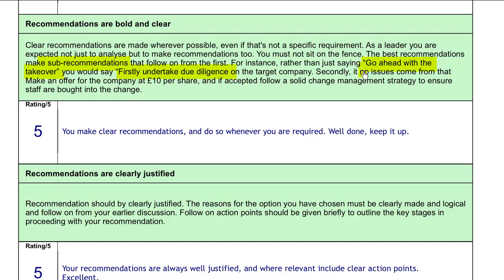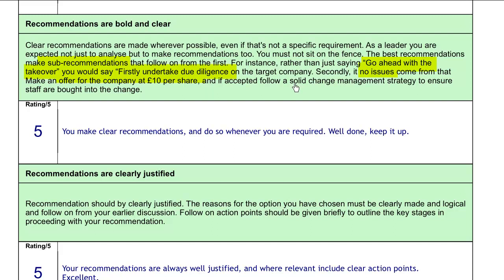And if no issues come from that, then you'll actually go on and make an offer, and perhaps you could suggest how much that offer would be worth because you've done a valuation as part of your analysis. Or maybe the current share price, it says in the question, is £9 per share, and so obviously you need to offer more than that because you have to convince people to go above the market rate in order to convince enough people to sell to you.